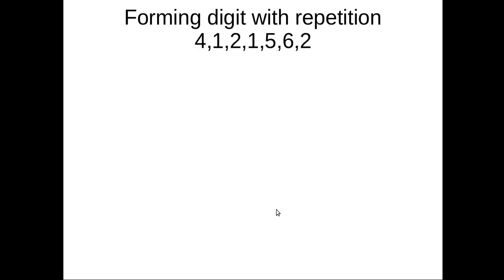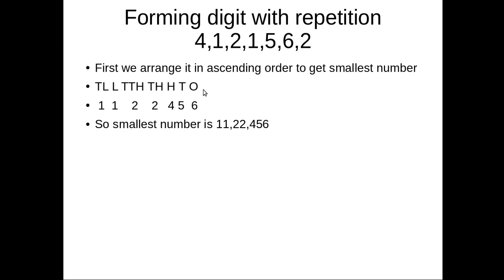Now forming digits with repetition. See here, given 4, 1, 2, 1, 5, 6, 2. First we arrange them in ascending order to get the smallest number. Again we write the place value and then arrange the digits from smaller to bigger. That means 1, 1, 2, 2, 4, 5 and 6.